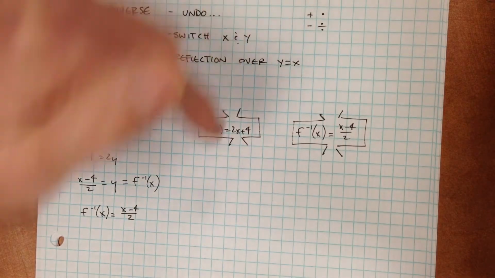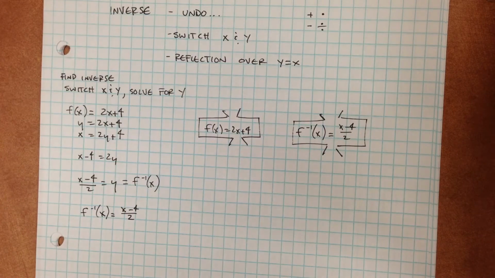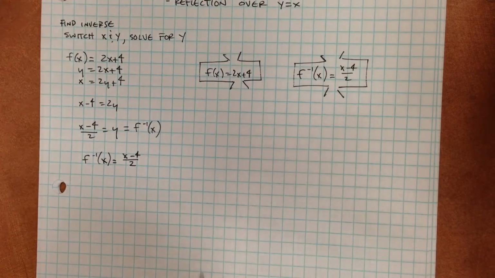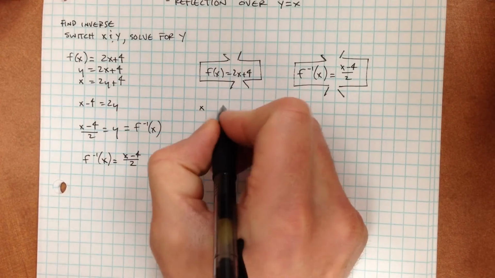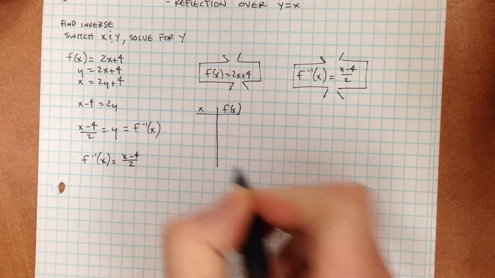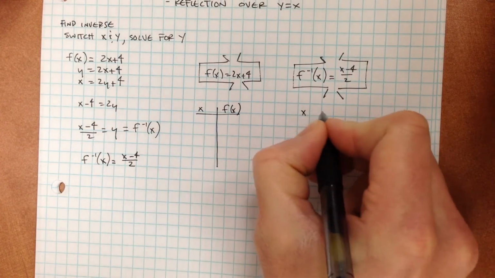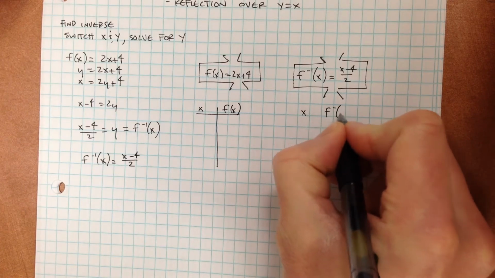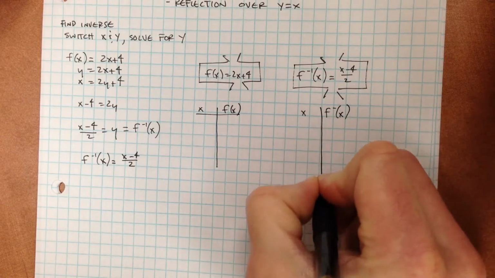Okay, so we have inputs and we have outputs coming out of these function machines. So if I were to want to graph these things, let's say input and output. So we have x coming in and the function on x coming out. We would have x coming in here and the inverse function coming out.